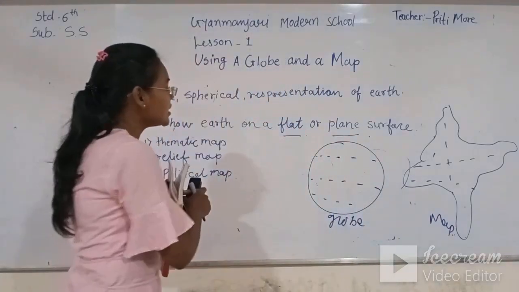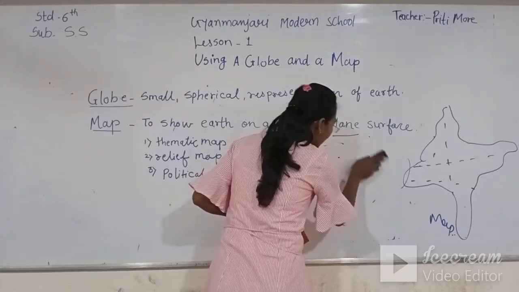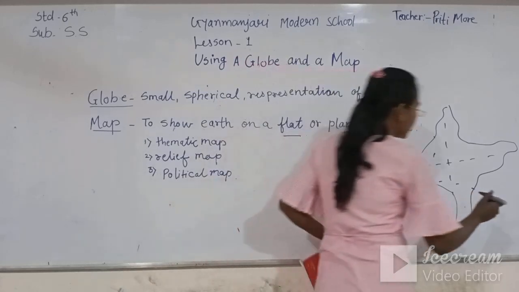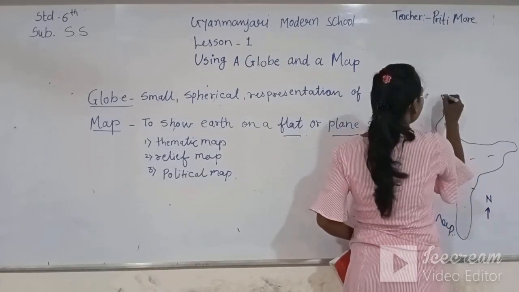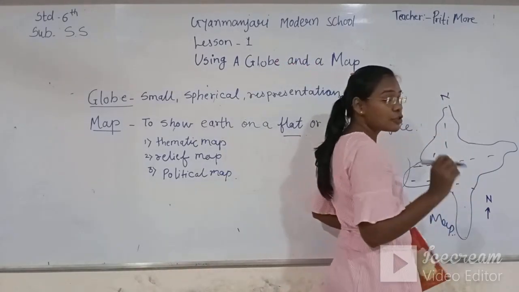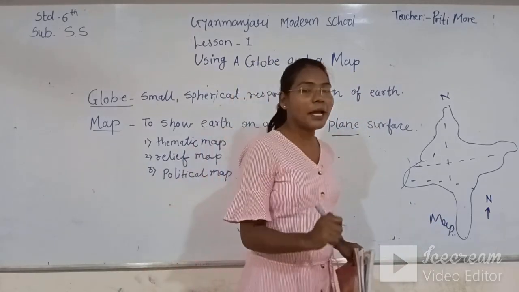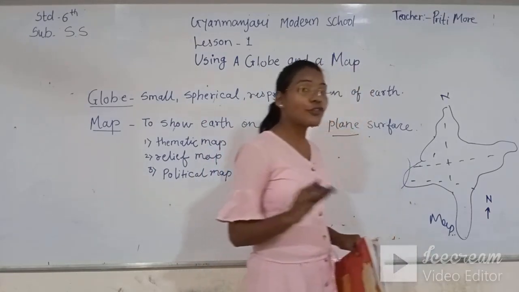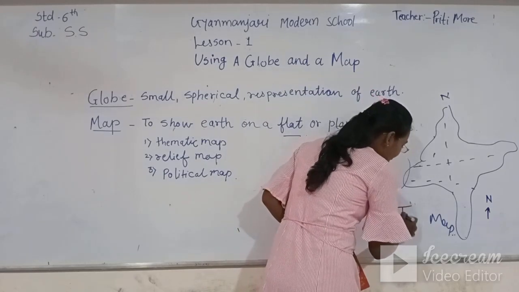So if you see this India map I just drew here on the board for you, one arrow is there which shows north, that means this upper side is north. And the title is also there, which says what kind of map it is, whether it is a mountains map, a rivers map, a forest map, or a country map.